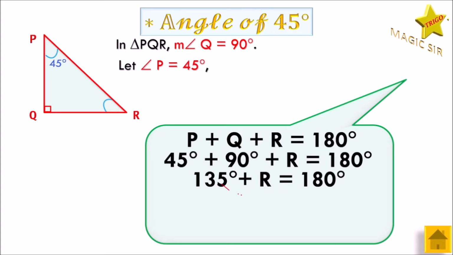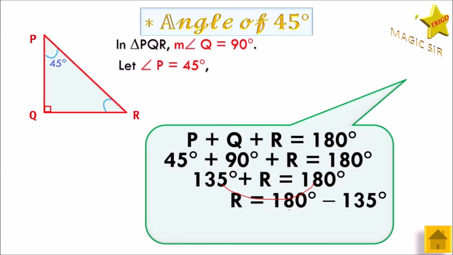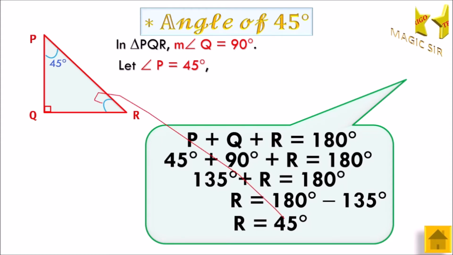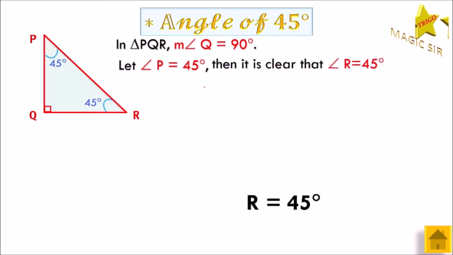Therefore, R is equal to 180 degree minus 135 degree. That is R is equal to 45 degree. So angle R is equal to 45 degree. Now it is clear that angle R is equal to 45 degree.